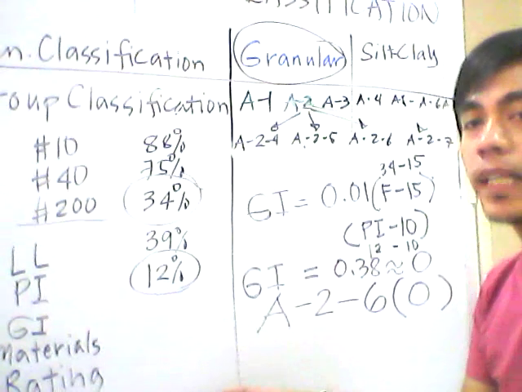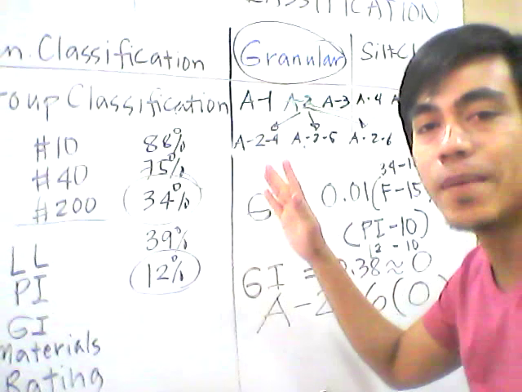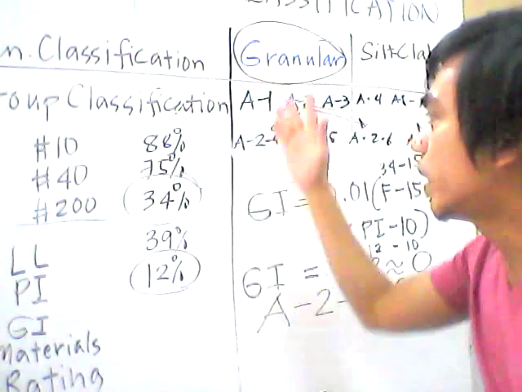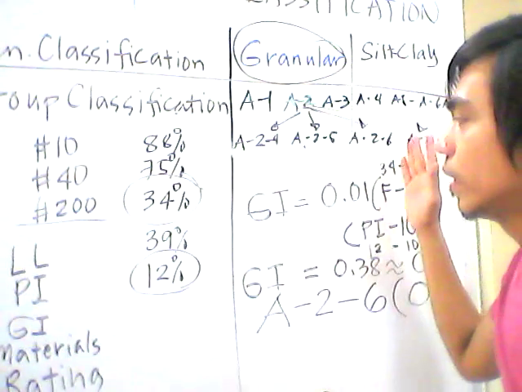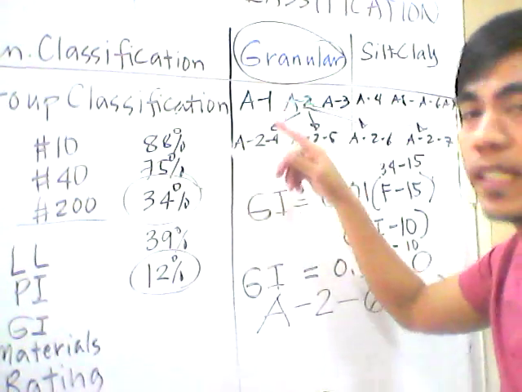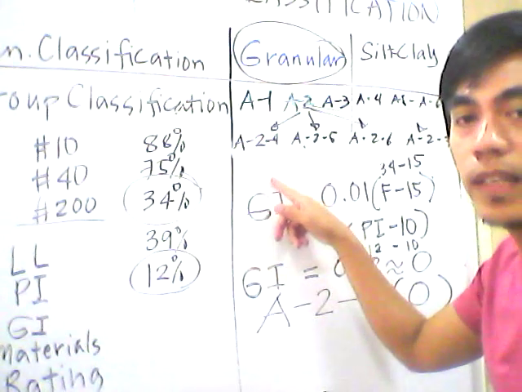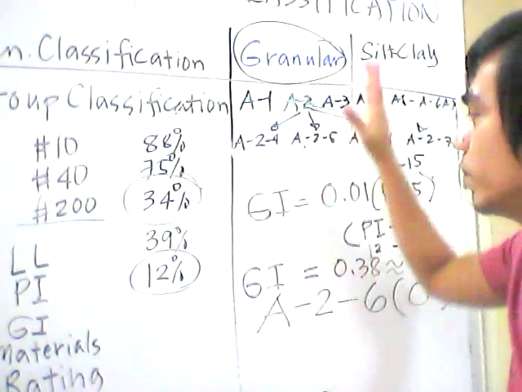Just remember that in the process of eliminating subgroups, you always start from the left going to the right. If one requirement is not satisfied, that subgroup is eliminated, proceed to the next subgroup, as we have done in this test sample.